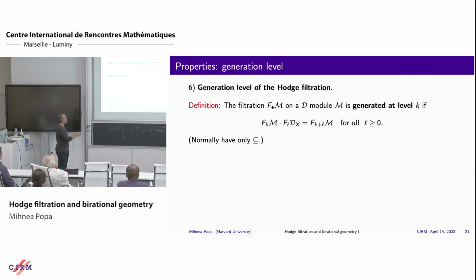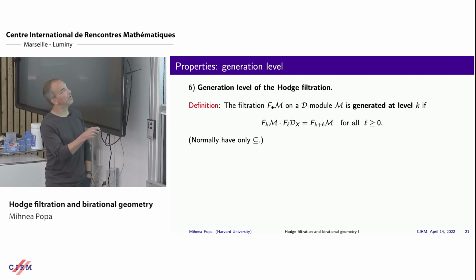you can talk about the generation level, right? So if you have a filtered D-module, by definition, that means, so this is a right D-module, the way I wrote it. By definition, it means when you take F_k and you apply F_l differential operators, you're contained in F_{k+l}, right? This is always true by the definition of a filtered D-module.